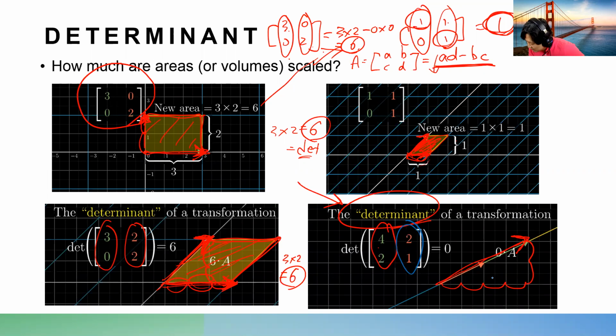These two vectors are on the same line, right? Do you follow me? Yes, please nod your head. Okay, so if these two vectors are on the same line, what is the area?